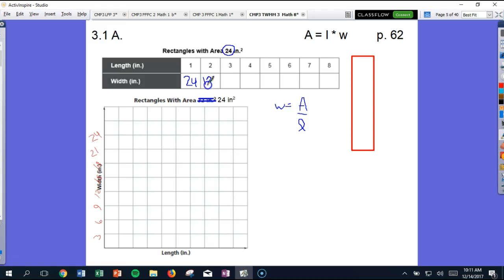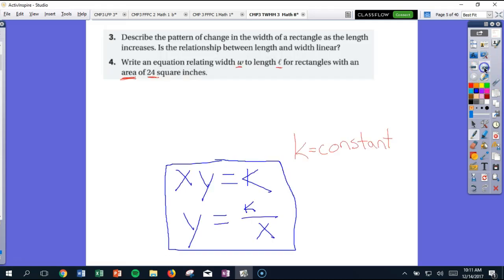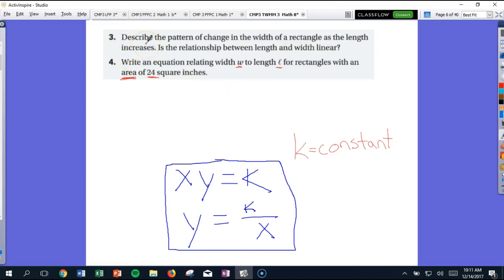You're going to complete this table going through that same process. Once you've completed the table, I want you to graph it and see how that changes from our linear relationships. This will not be a straight line graph, so don't try to force that, but go ahead and graph it out.